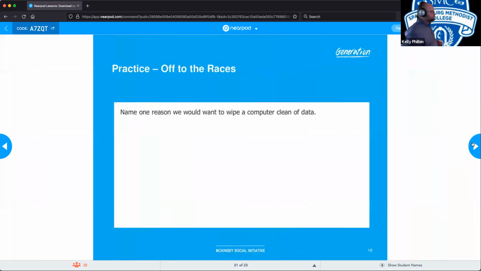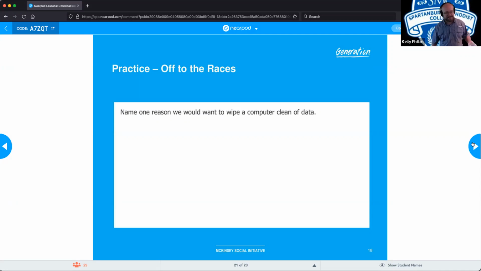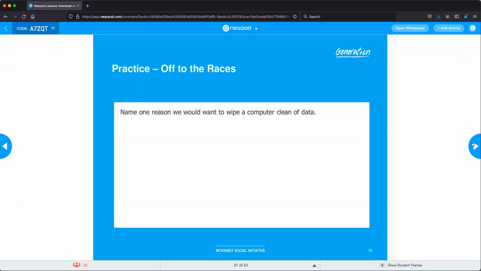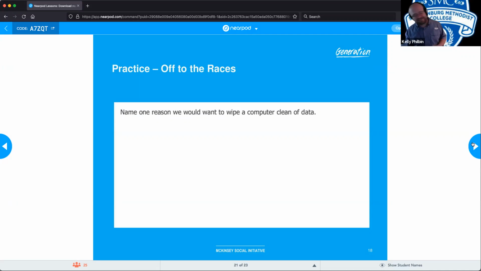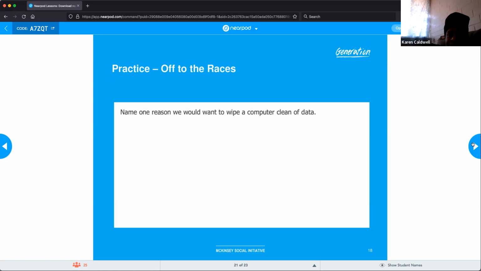All right. Name a reason why we would want to wipe a computer clean of data. For information security, or privacy, your sensitive information. Sensitive information, there we go. Anything else we can think of? To be able to reuse it.